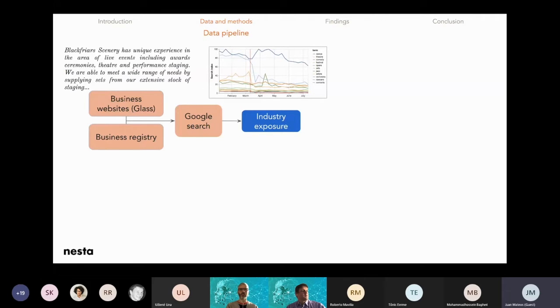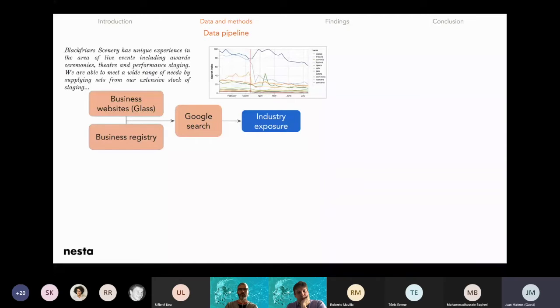So the idea is that businesses or sectors that have seen a big drop in search interest, say this month compared to the same month last year, are more exposed than those that have seen less of a change. And I'll show you some examples of what that looks like in a moment.